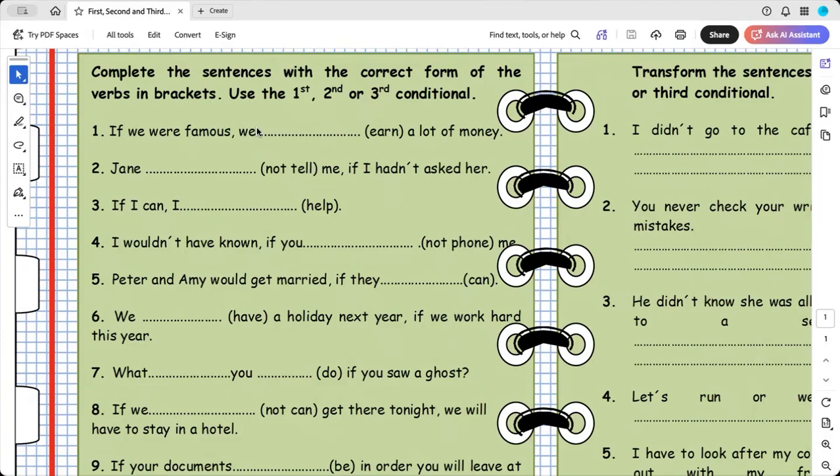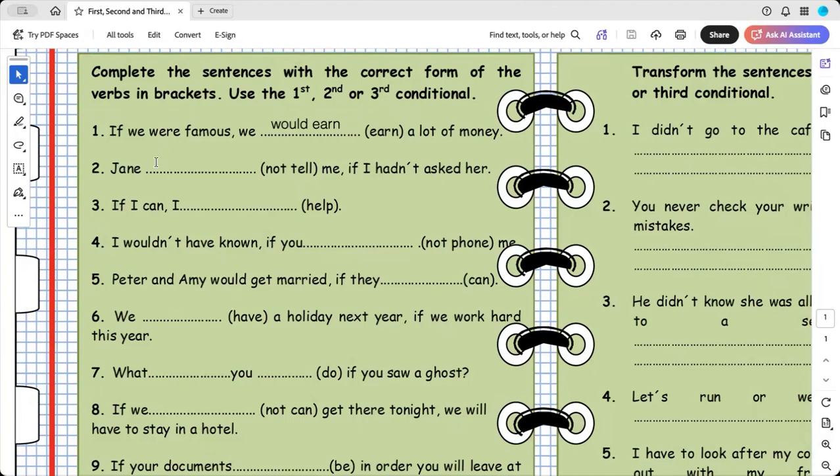Were famous. I would earn a lot of money. What conditional is that? Have a look at the formula. Number 2: Jane not tell me if I hadn't asked. Hadn't asked. This is a past participle. Had not, hadn't. So this is past perfect.